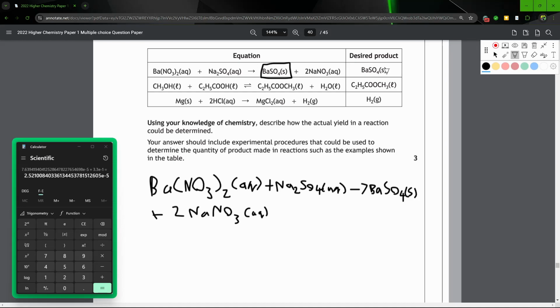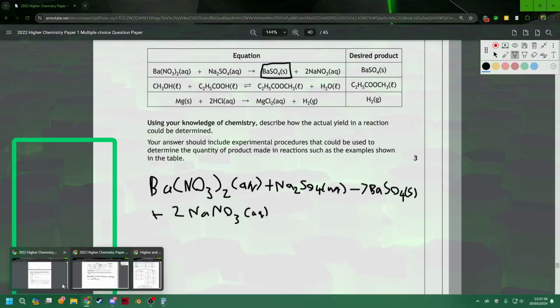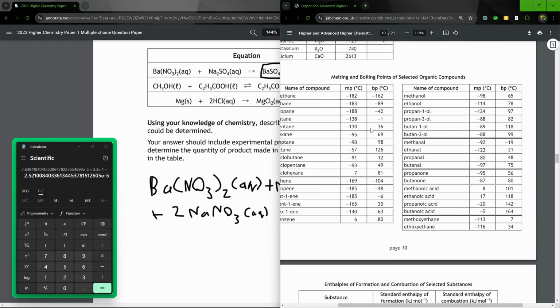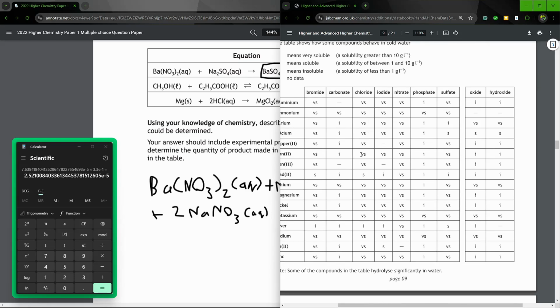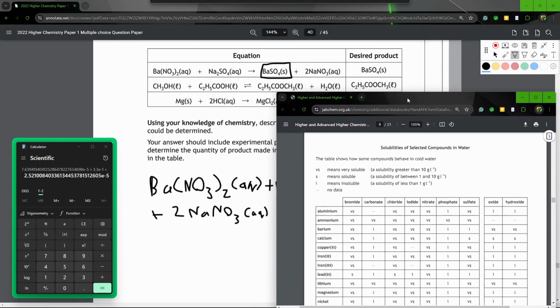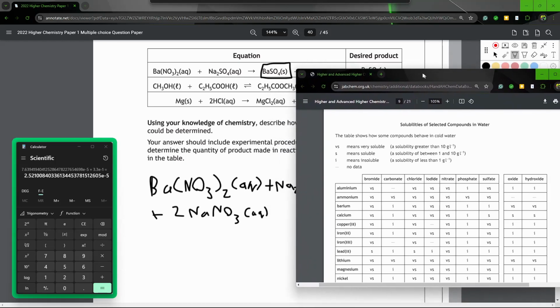barium sulfate, I believe. So I'm just going to see if I can remember where I put my, there we go, there's our solubility sheet. So let's look at barium sulfate in our solubility table, because that means we know if we need to evaporate it or filter it. I'll have a look at sodium nitrate as well.